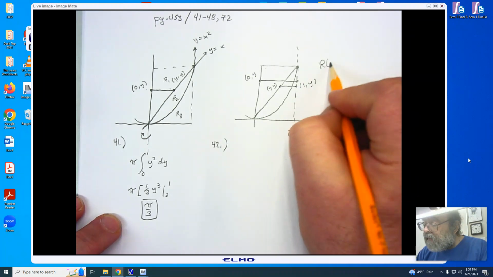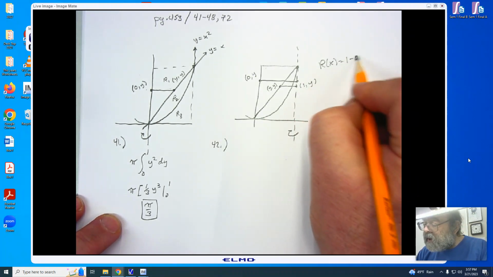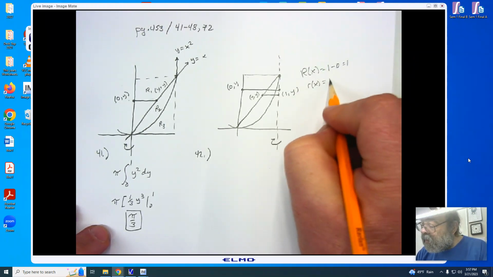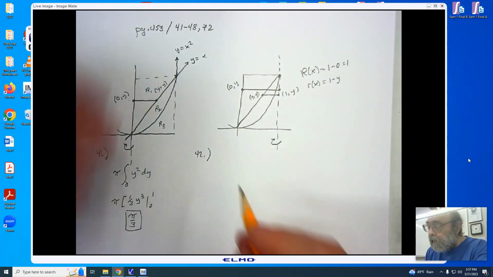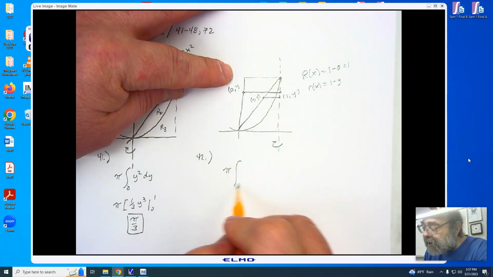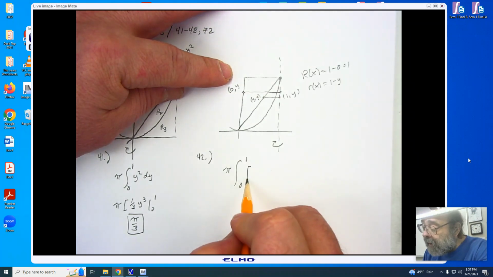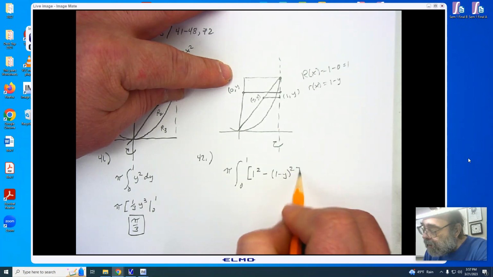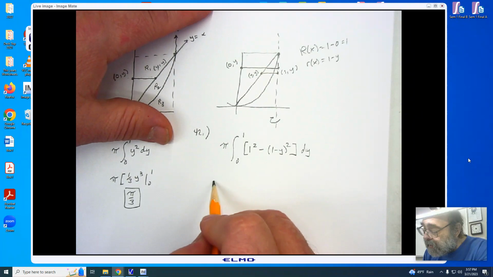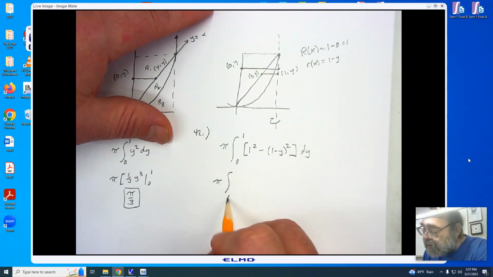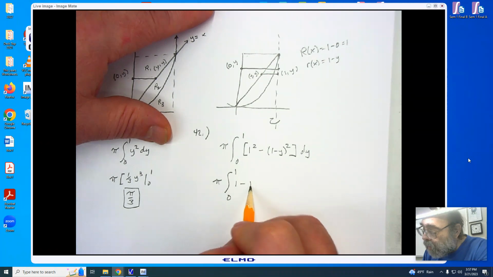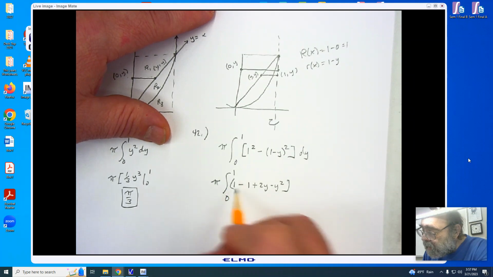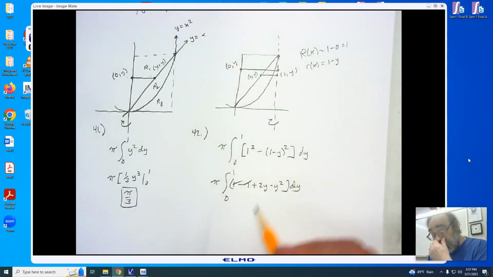So we have our big R of x, which is 1 minus 0 for 1. Our little r of x is going to be 1 minus y. Putting this together, I have pi integration 0 to 1 of my big R, 1 squared, minus my little r, 1 minus y, the quantity squared, dy. Now as I do this, I end up getting pi integration 0 to 1, 1 minus 1 plus 2y minus y squared dy, and the 1's cancel.